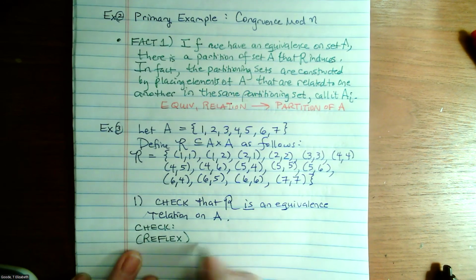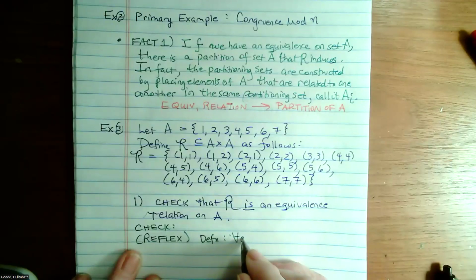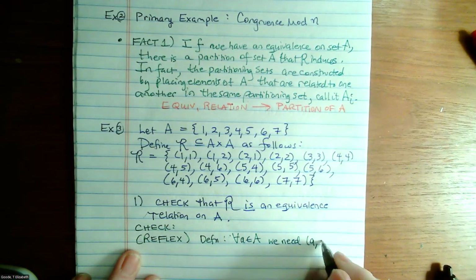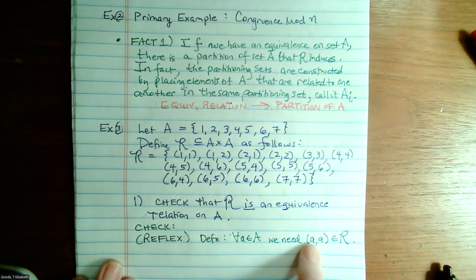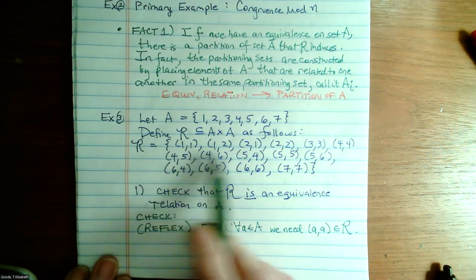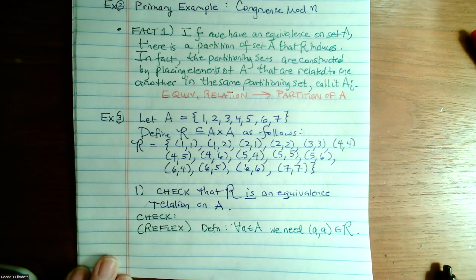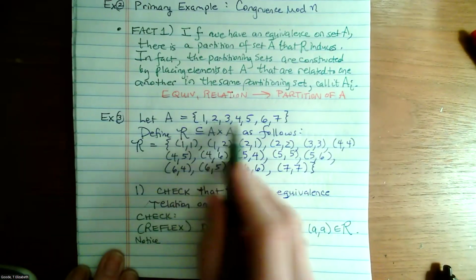Do you remember? Here's the definition for reflexivity. For all elements little a in A, we need the ordered pair (a, a) to be in R. That's reflexivity. Every element needs to be related to itself. So what should we check? Which elements are going to help us figure out that curly R really is reflexive? Elements that have the same number for both ordered pairs. That's right, and we need all 7 of them.